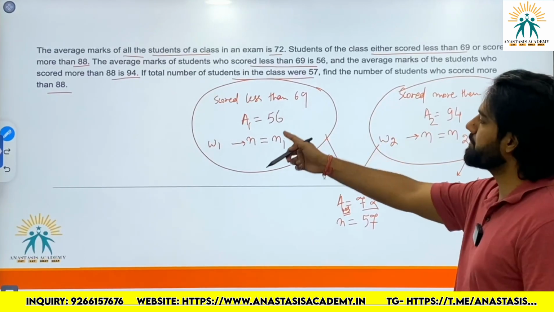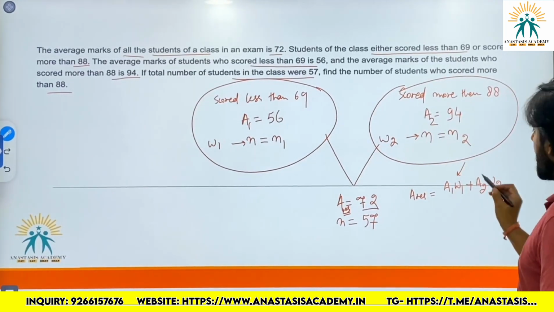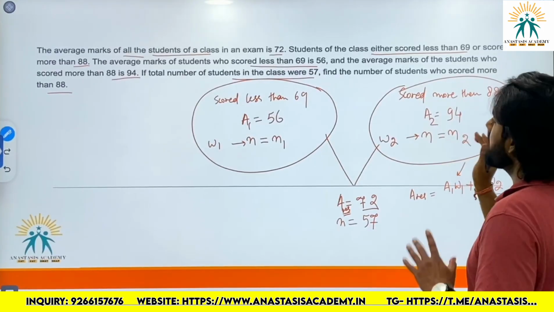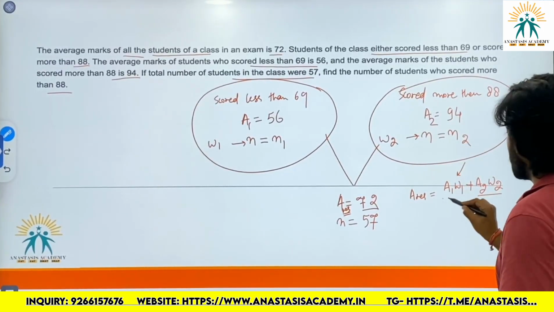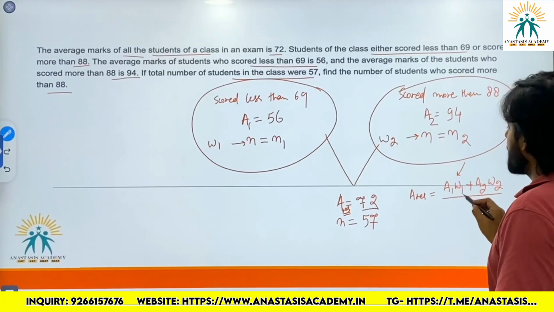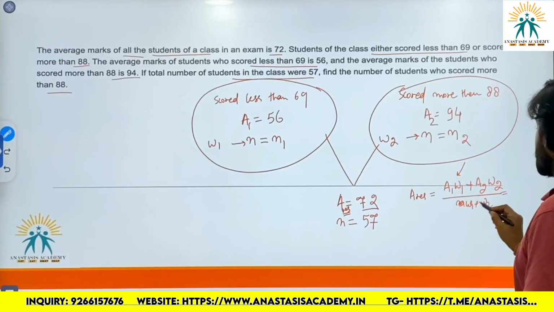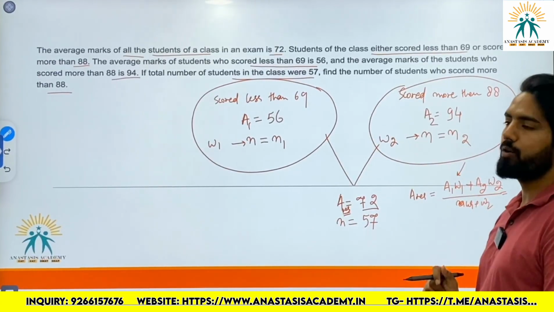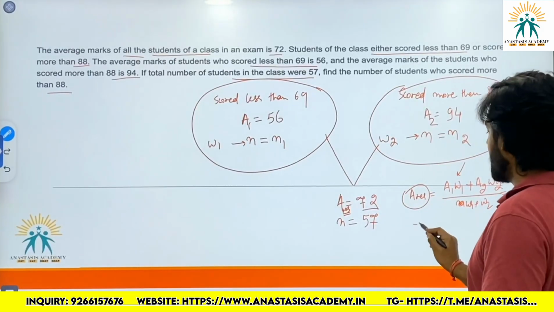A1 W1 gives the sum of scores of all the students who scored less than 69, and A2 W2 gives the sum of scores of students who scored more than 88, divided by the sum of weights, W1 plus W2, which is N1 plus N2. This is given as 72.